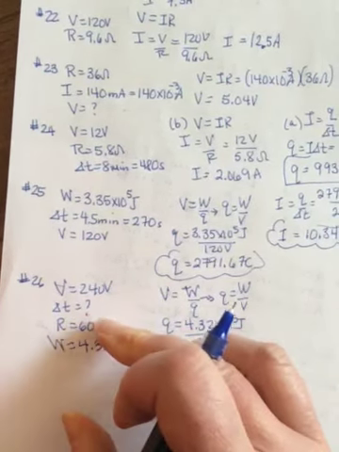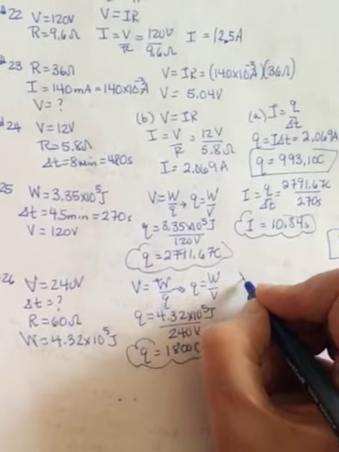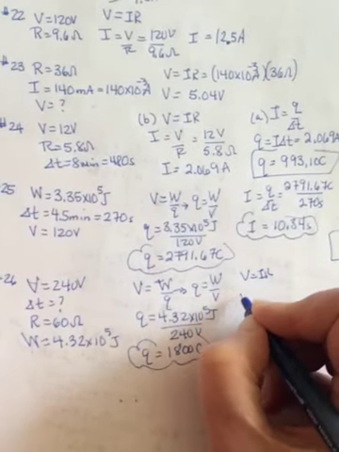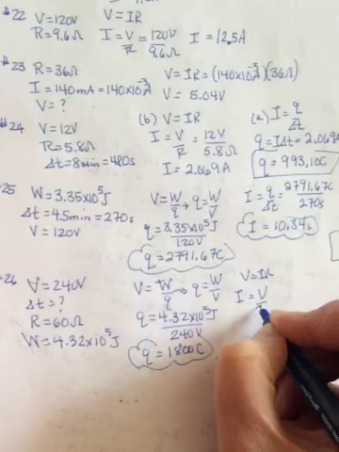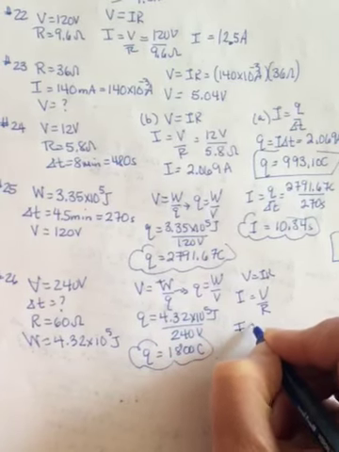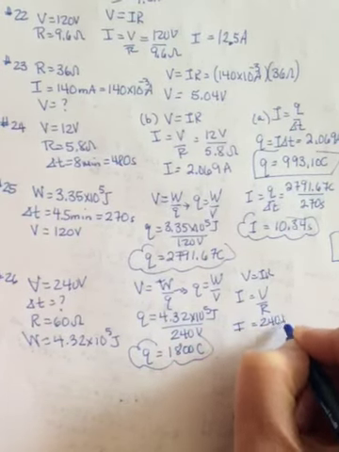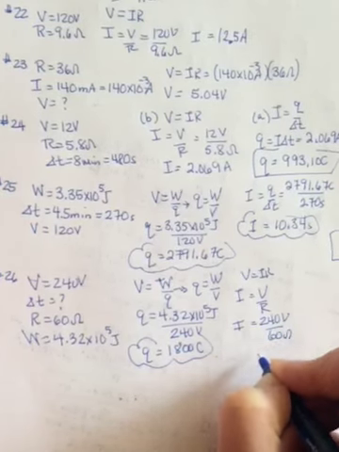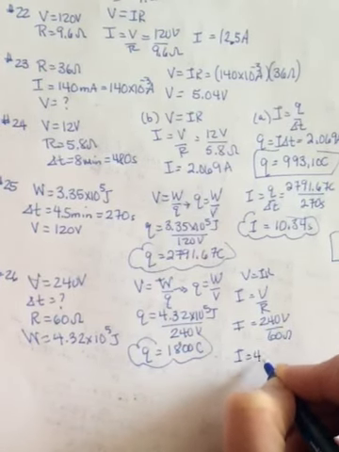Now I can get my I from my V and my R, because V equals IR. So I equals V over R. So I equals 240 volts over 60 ohms. So I equals 4 amps.